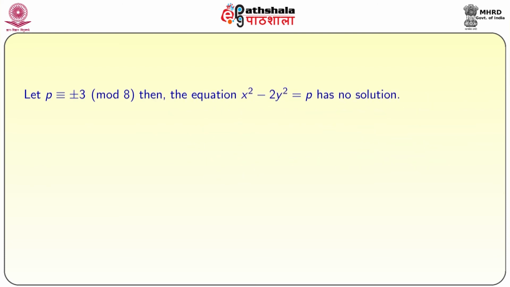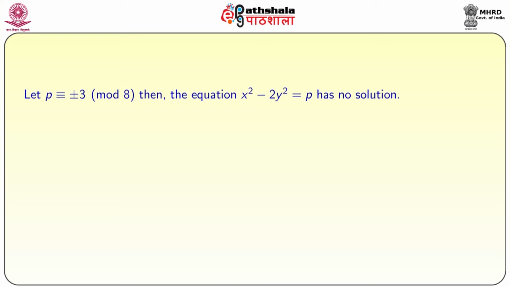Let p be congruent to plus or minus 3 mod 8. Then the equation x square minus 2 y square equal to p has no solution. So, this is another problem. Here we say that if p is congruent to plus or minus 3 mod 8, then the equation x square minus 2 y square equal to p does not have a solution.